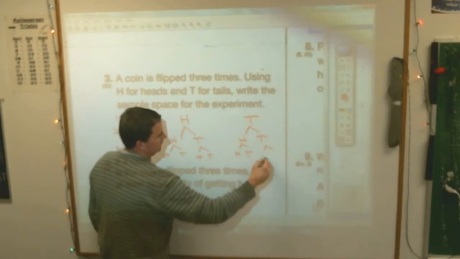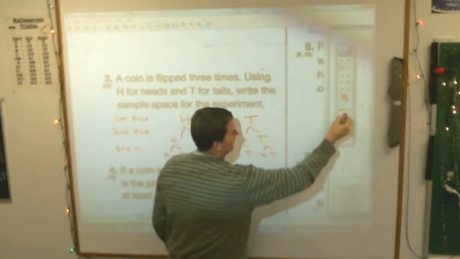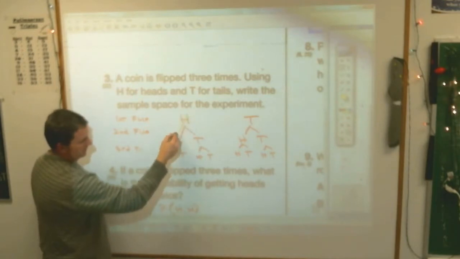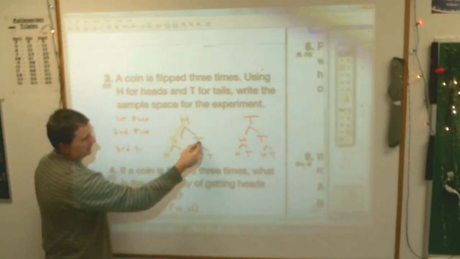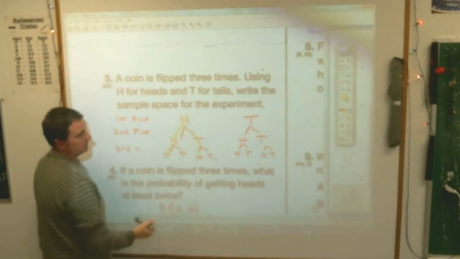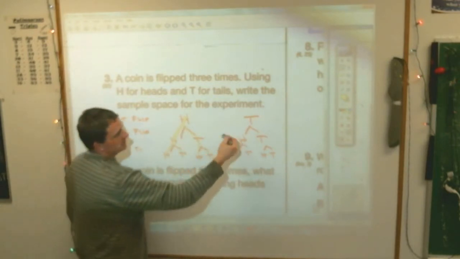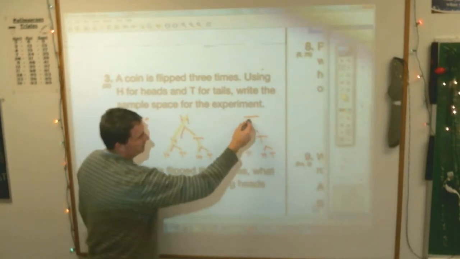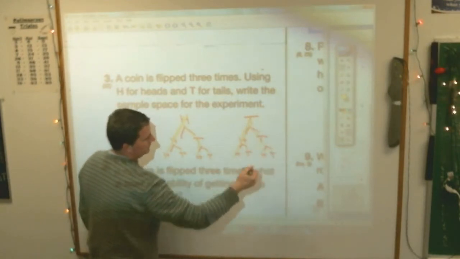And then your sample space is, you have to follow the tree all the way down. You could either get head, head, head, or head, head, tail, or head, tail, head, or head, tail, tail. That's the first 4 possibilities, starting with the head. Then tail, head, head, tail, head, tail, tail, tail, head, or tail, tail, tail.